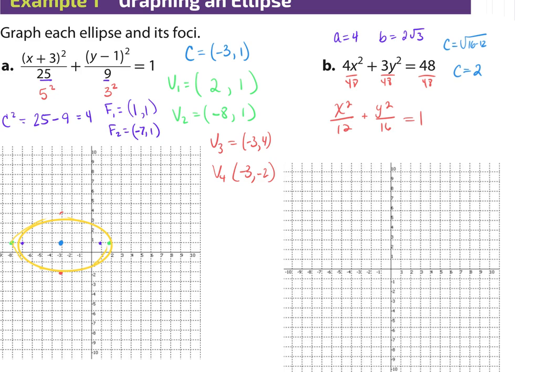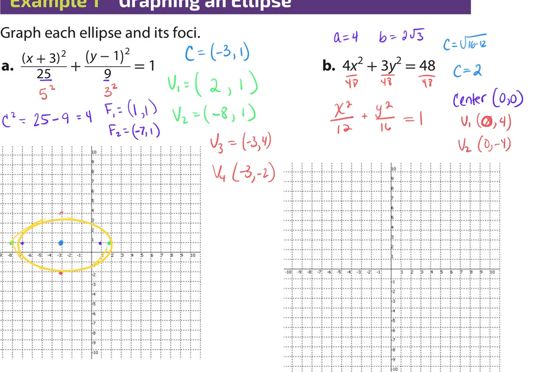So my center, or my h, k, is going to be 0, 0. And then I'm just having to find my vertices. My major vertices, V1, my x value is not going to change. My y is going to go up by my a value. So my x value is going to stay as 0. My y values are going to be 4 and negative 4.